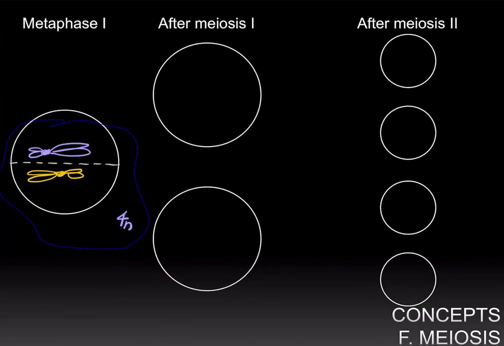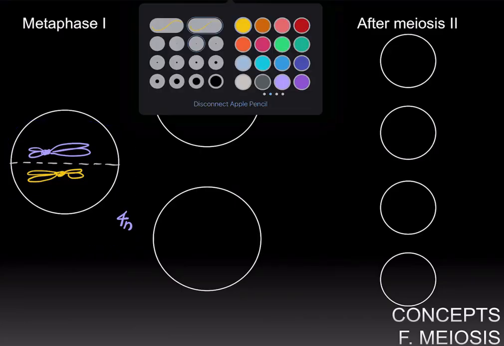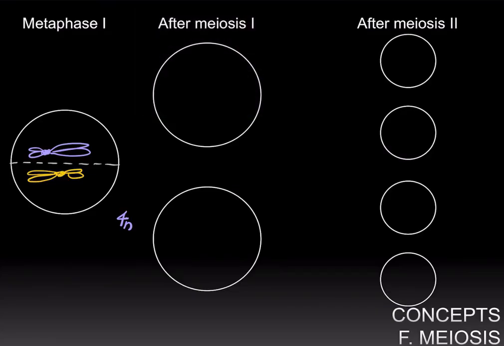So that at the end of meiosis 1, one pair of sister chromatids are in one daughter cell, and the other pair of sister chromatids are in the other daughter cell. And since cytokinesis has taken place, the number of chromosomes has reduced from 4n to 2n.